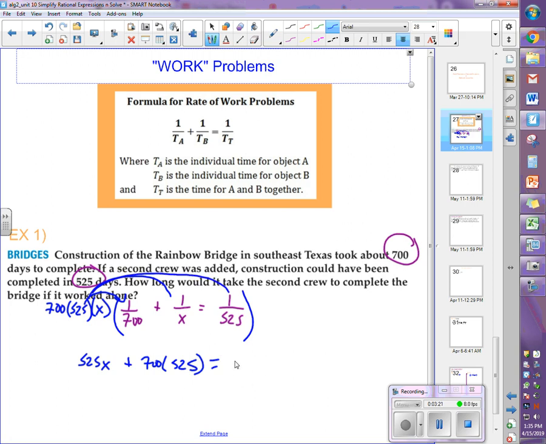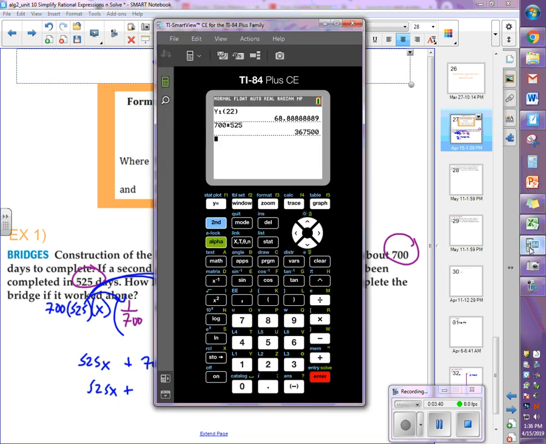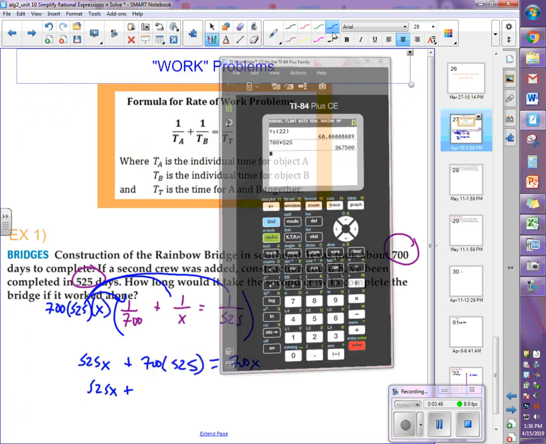The 525 will cancel, leaving the 700 and the x. So the first thing I would do is multiply 700 with 525, and I just demonstrated that that was 367,500.